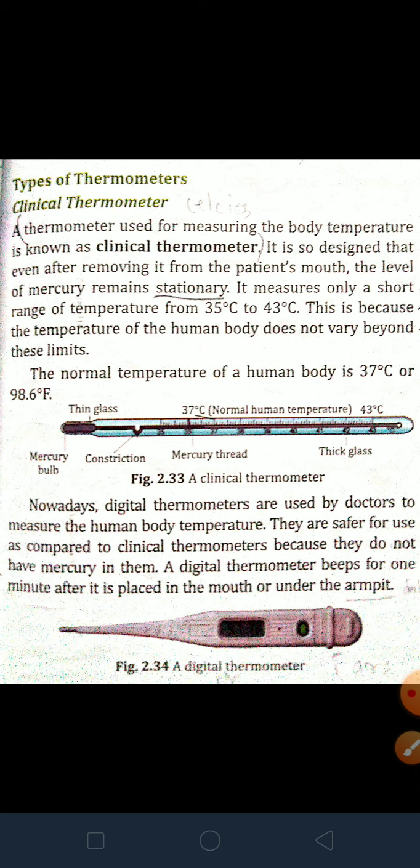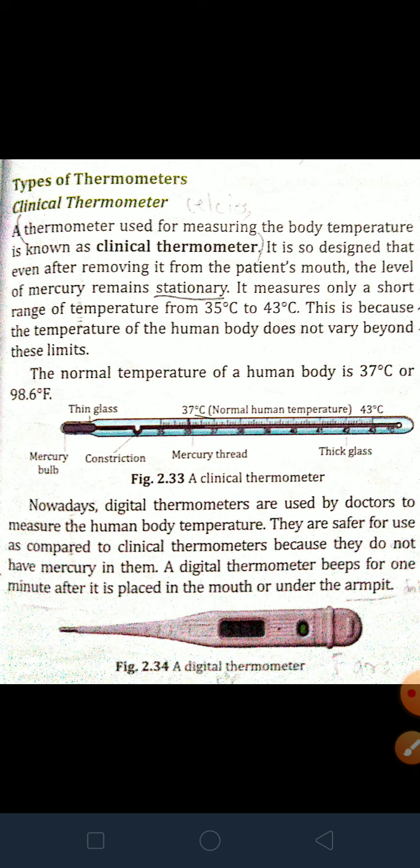Nowadays, digital thermometers are used by doctors to measure the human body temperature. At our home also, this type of thermometer is there. They are safer to use as compared to clinical thermometers because they do not have mercury in them.